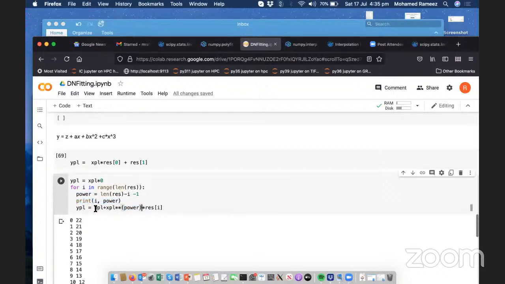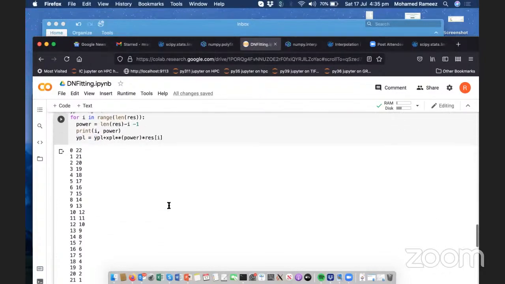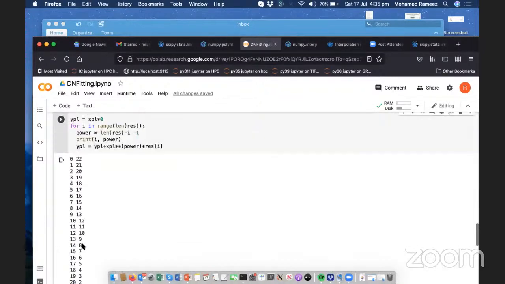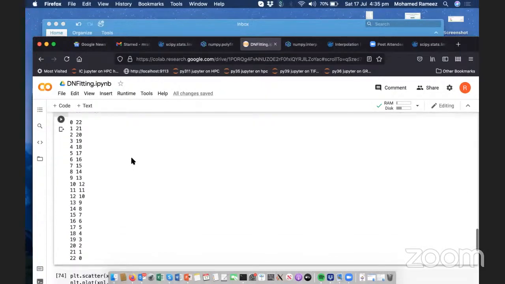In the first iteration, I am adding x raised to 22 multiplied by res of 0. In the second iteration, I'm adding x raised to 21 multiplied by res of 1. I'm going all the way there, and then I go to res of 22, and I'm adding x raised to 0, which is 1, multiplied by res of 22.